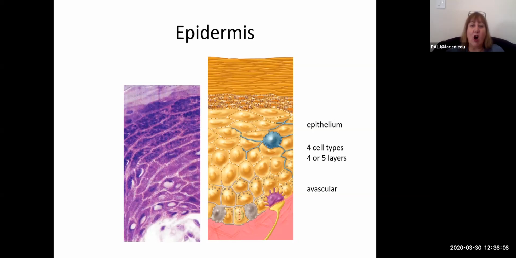So all these cells, all these layers have to get their nutrition from the dermis that's deep to it, and then it's just going to diffuse up. So hopefully you understand that if you're closer to the basement membrane, you're going to get the full buffet. And then the further away you are, the less and less nutrition you're going to get, and those cells up there are going to be dying and dead.